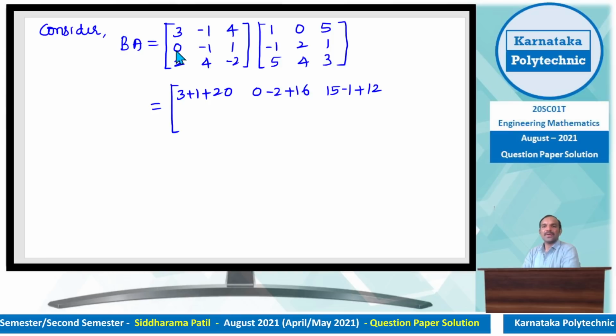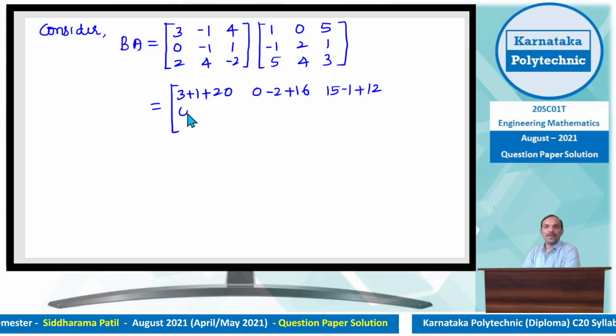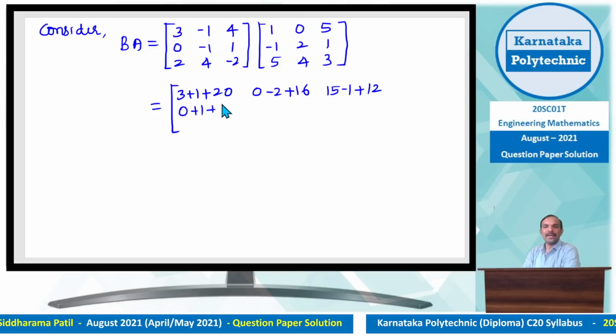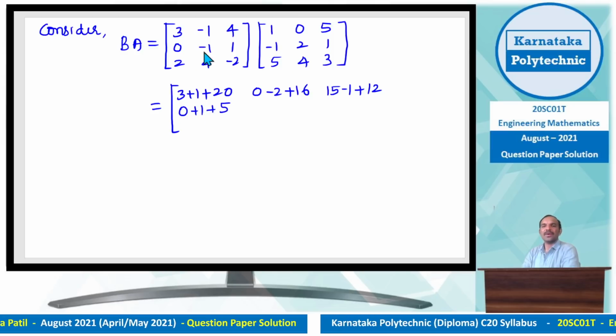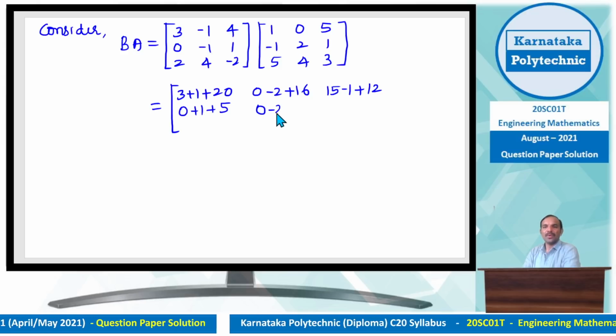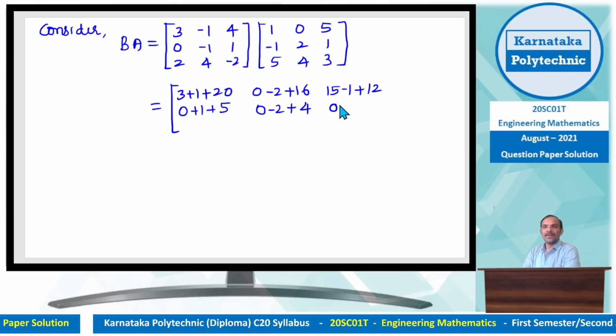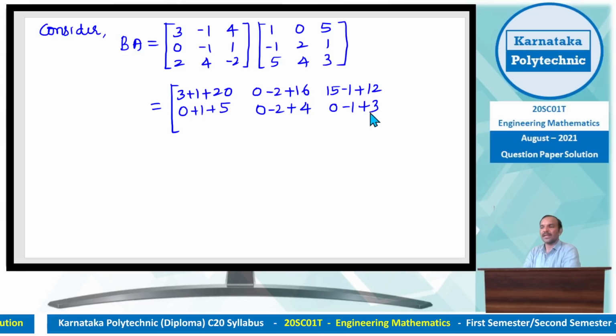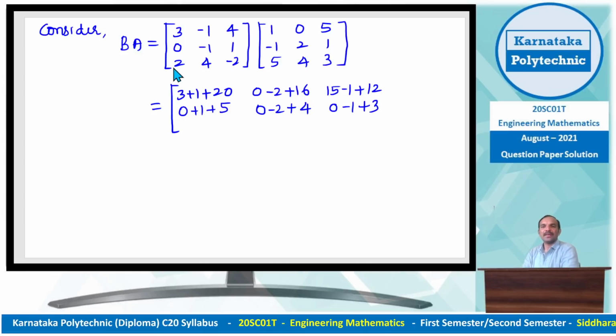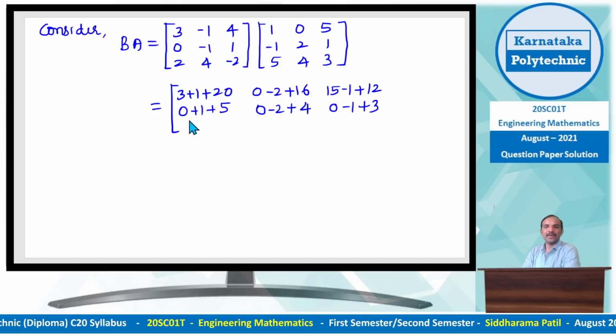Next, second row first column 0 1 5. Second row second column 0 minus 2 4. Second row third column 0 minus 1 3. Third row first column 2 minus 4 minus 10.